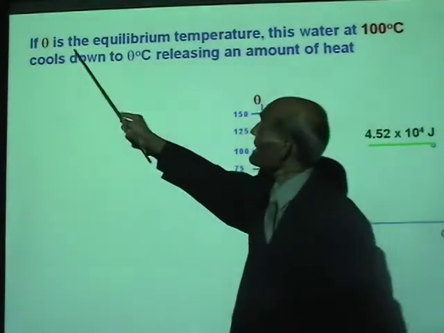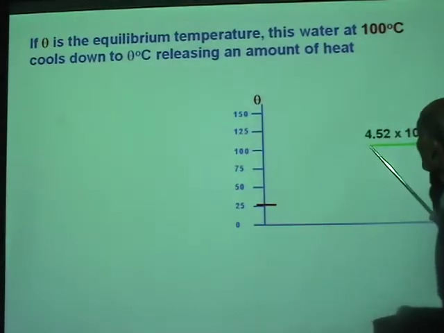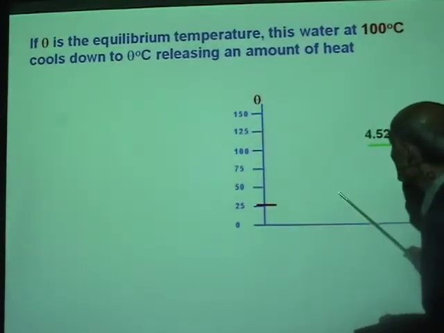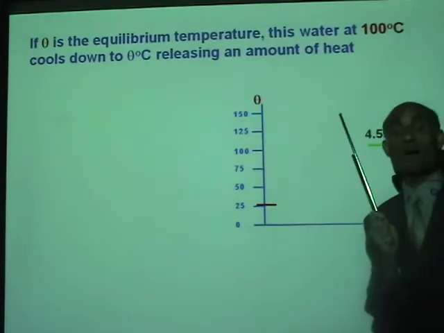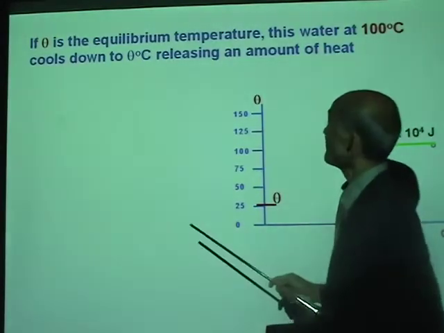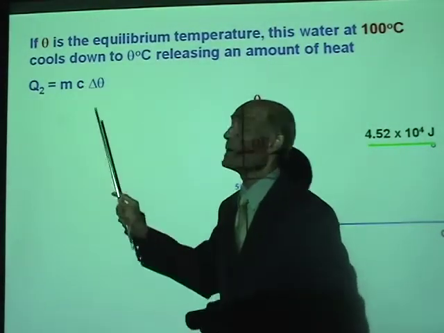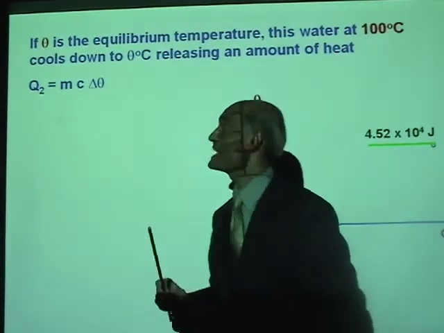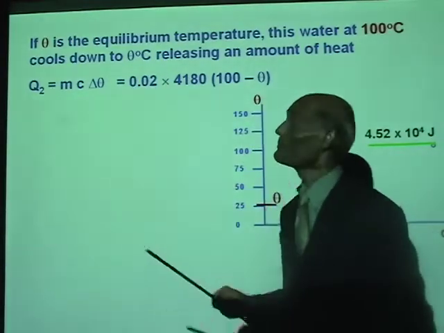Alright, if theta is the equilibrium temperature, this water at 100 degrees Celsius cools down to theta degrees by releasing an amount of heat. Now, how much is the amount of heat released by water? Can you write down that equation? Q2 equals mc delta theta, mass of water times specific heat of water times change in temperature. What's the mass of water? 20 gram.